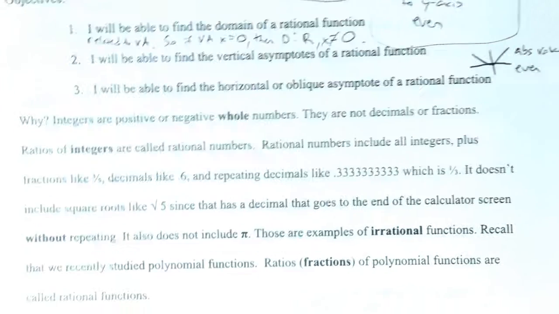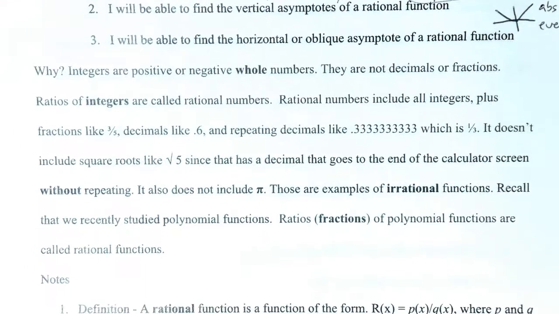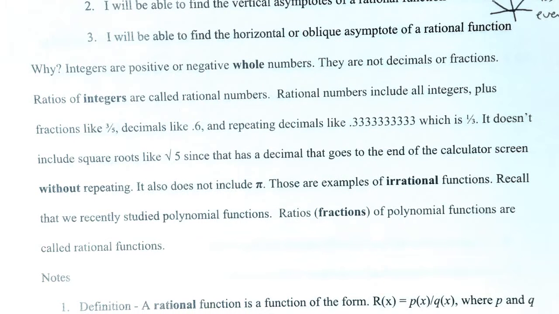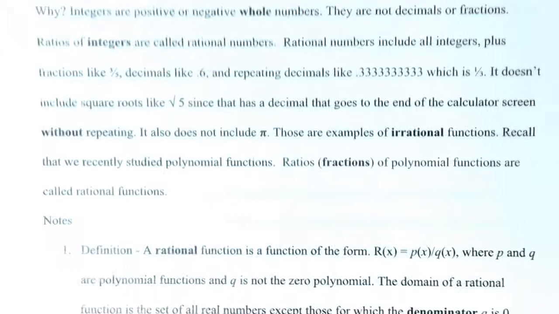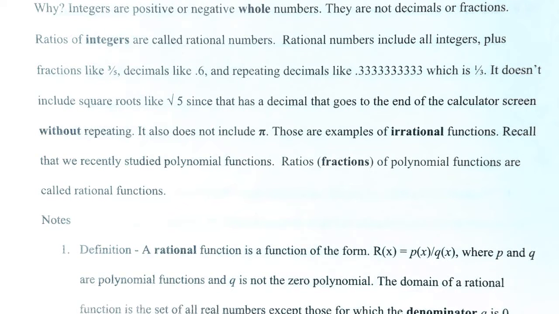Ratios of integers are called rational numbers. It includes all integers plus fractions like 3/5, decimals like 0.6, and also repeating decimals like 0.3 repeating, which is 1/3. It doesn't include square roots like the square root of 5, which has a decimal that goes to the end of the calculator screen without repeating.